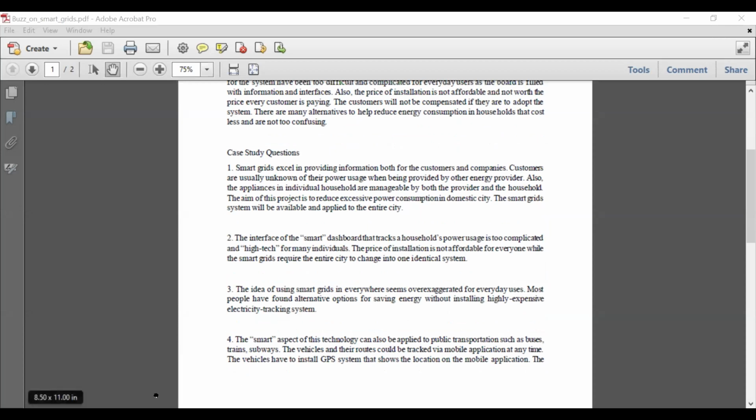Right. So our answer is that the many problems they are facing are usually about, first thing, the interface of the smart dashboard that tracks the household's power usage is too complicated and high tech for many individuals. Should I share the screen?